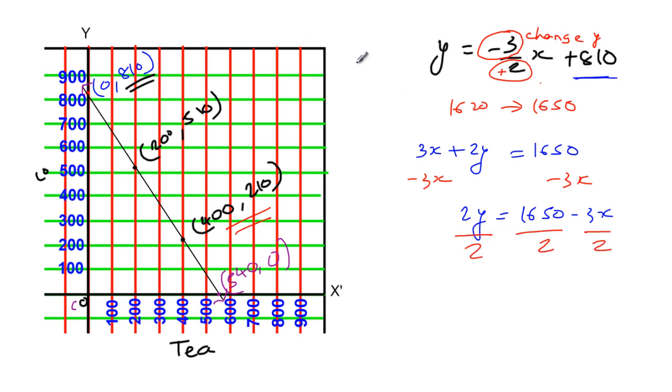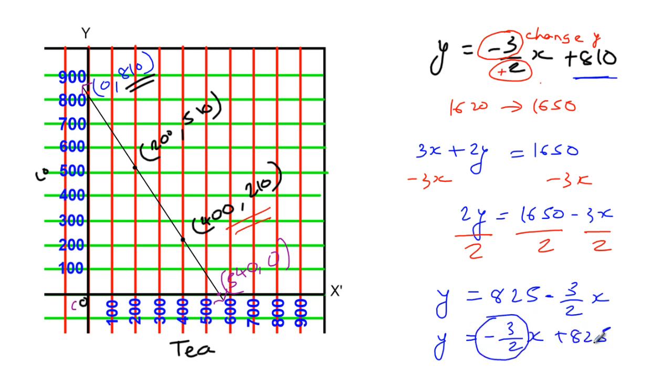So that will make y is equals to, half of this is 825 minus 3 over 2x. Now I will rearrange it, minus 3 over 2x plus 825. So slope is same, m is same, just y-intercept has changed. It means in the new value your graph will start from 825 instead of 810, isn't it?